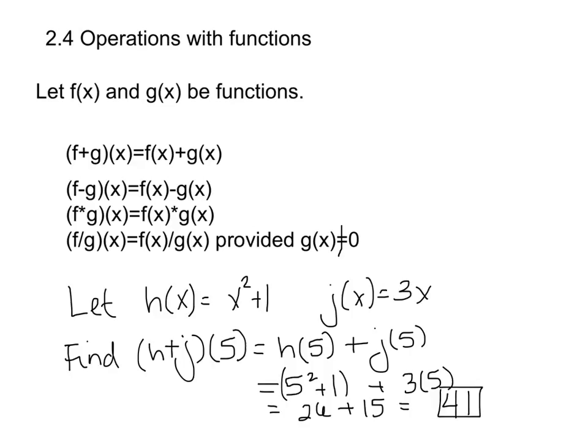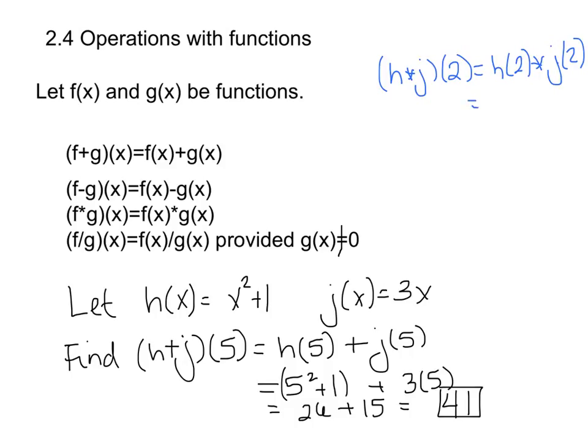If we continue to look at these two functions, h and j, I would like us to find (h times j)(2). So here we're going to find the value of h of 2 and multiply it by the value of j of 2.